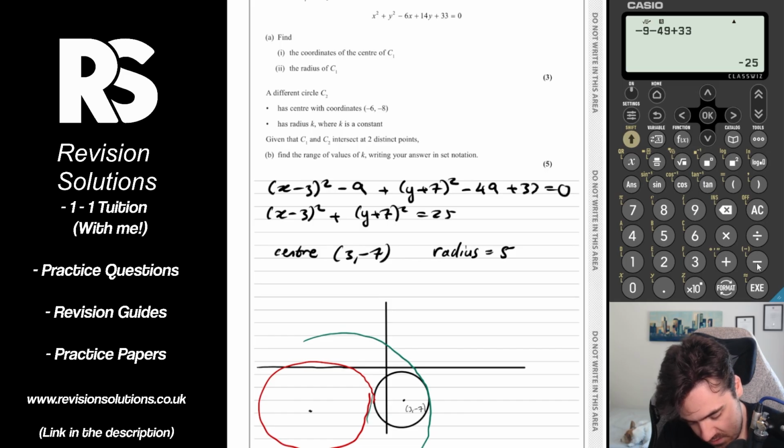So if we just think about what that is in either case, well, the first one is where we take this distance here. This would be two radiuses of the circle. We'll call that R1 and R2.